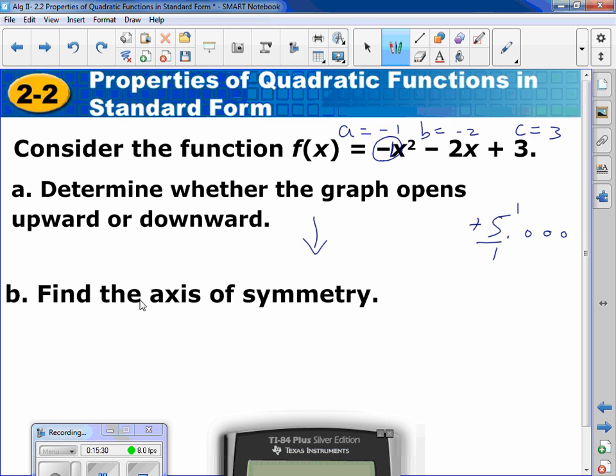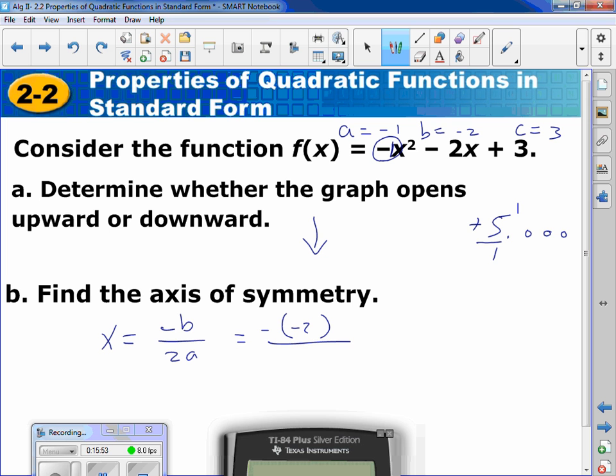The axis of symmetry. The axis of symmetry we said was negative b over 2a. Negative, what's b? Negative 2. You still need the negative out front. It's negative whatever b is. If b is negative, then fine, it's a negative negative.